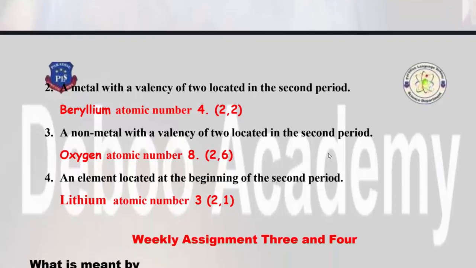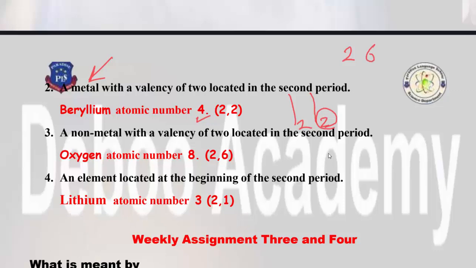A metal with a valency of 2 located in the second period. Second period means K and L. It ends with 2, we call it a metal, so 2, 2, it's atomic number 4. It's a metal, so it loses 2.